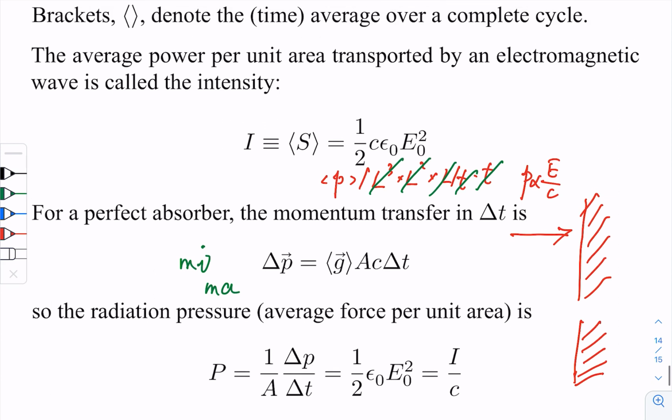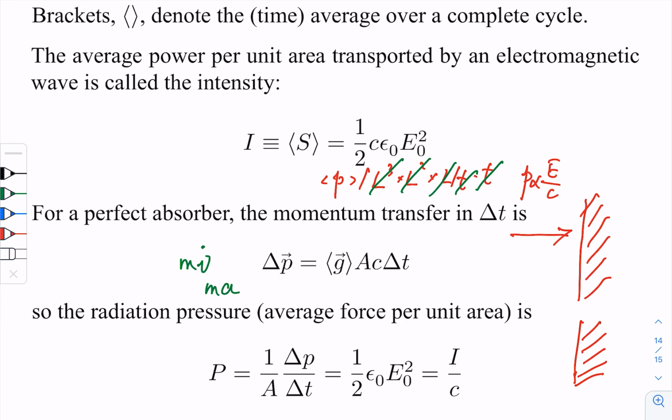By the way, the I here, the intensity of the light, also means the average power heating on this wall that's being absorbed by this perfect absorber in unit time.